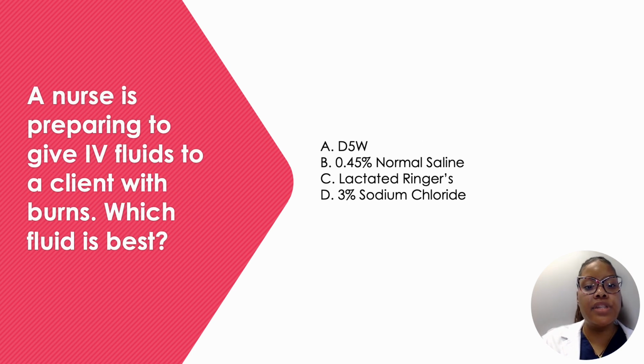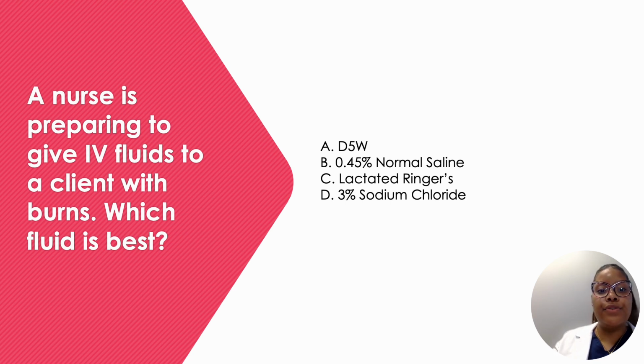The question says, a nurse is preparing to give IV fluids to a client with burns. Which fluid is best? Is it A, D5W, B, 0.45 normal saline, C, lactated ringers, or D, 3% sodium chloride?